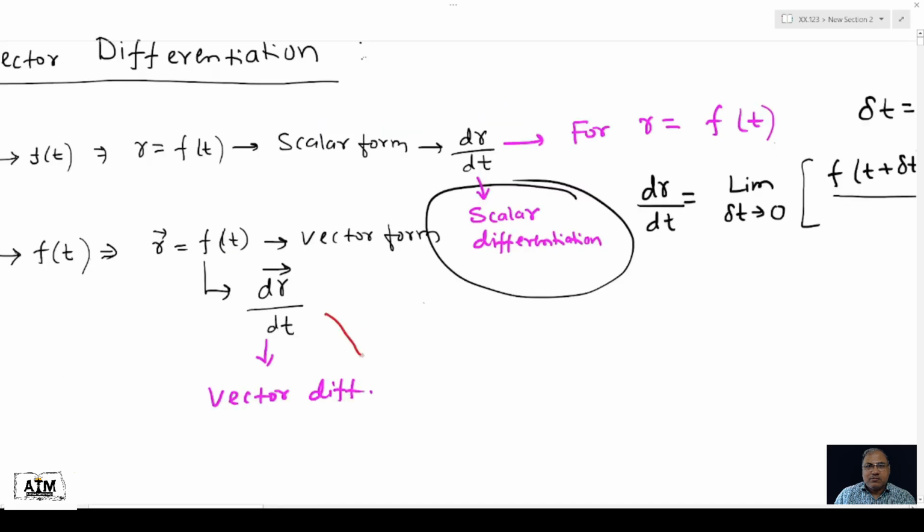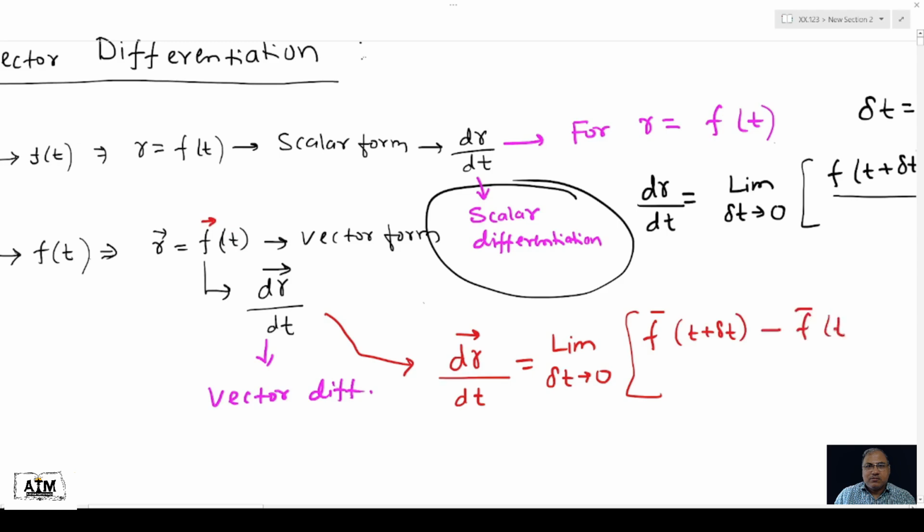In the case of vector differentiation, everything remains the same, but R is taken in terms of vectors. So it is the differentiation of vector R with respect to t. That is, vector dR upon dt equals the limit as delta t tends to 0 of vector f of t plus delta t minus vector f of t, divided by delta t.